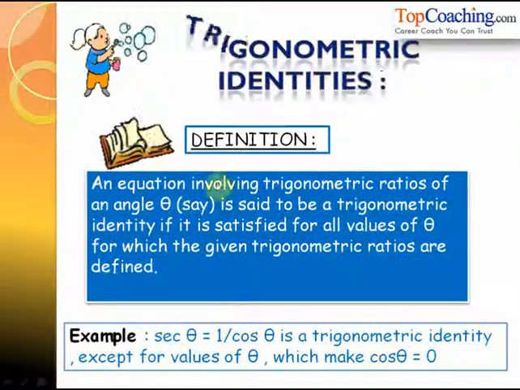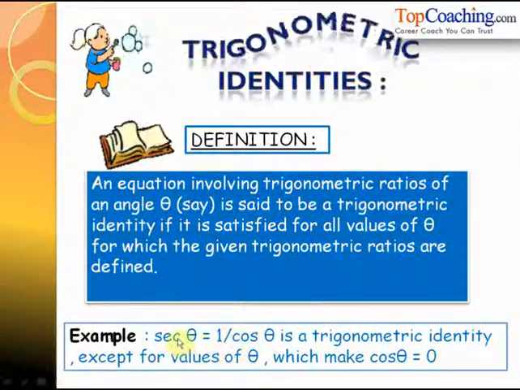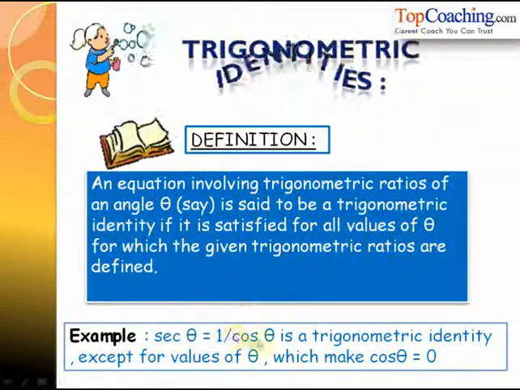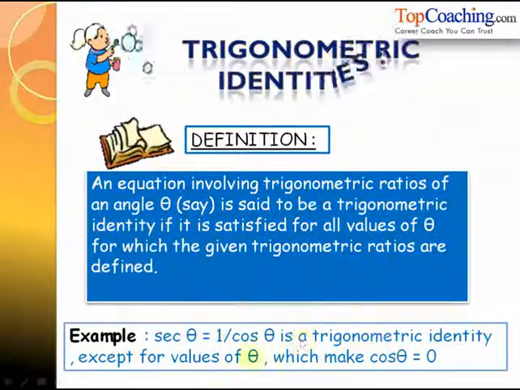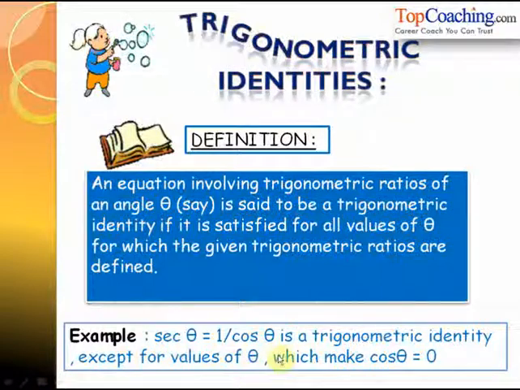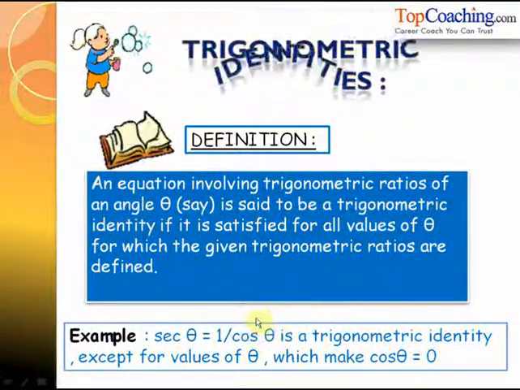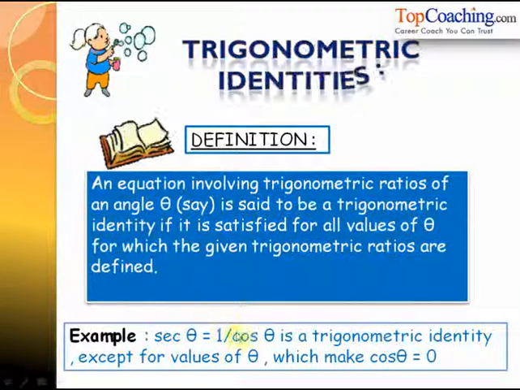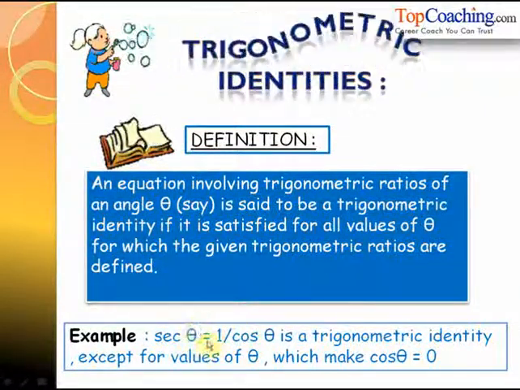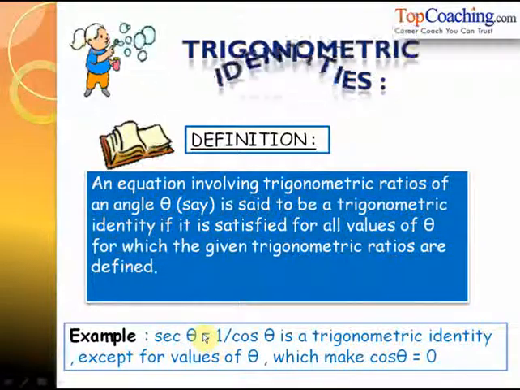For example, consider the equation sec theta equal to 1 by cos theta. Now this is a trigonometric identity except for the values of theta which make cos theta equal to 0. If we put any values of theta, this equation is always satisfied. We always know that sec theta is the reciprocal of cos theta.